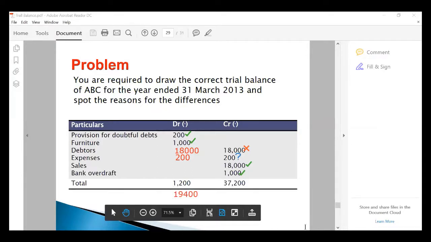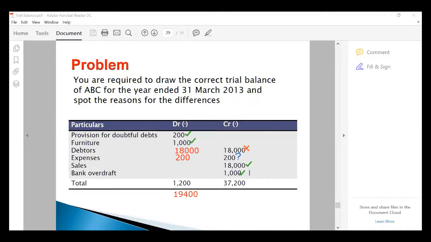Here this side, I'll be taking this 18,000. This 1,000, 19,000. And this 200. Okay. So here only 19,200 is coming.